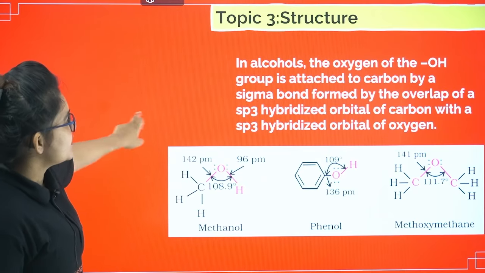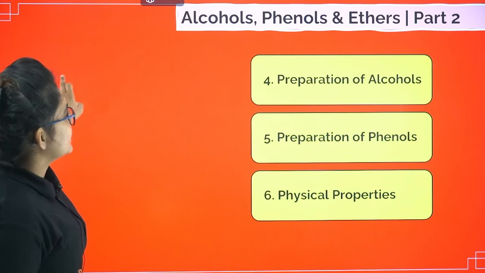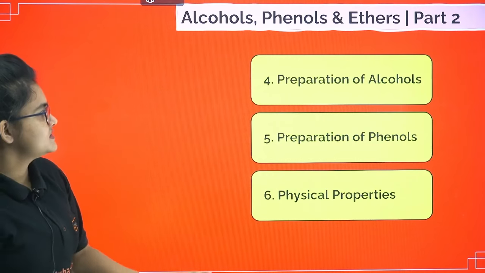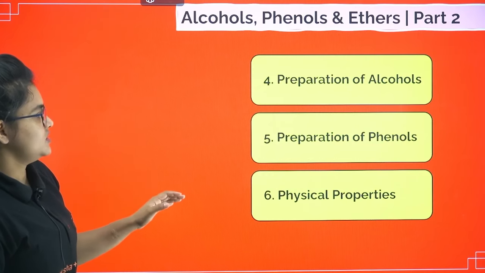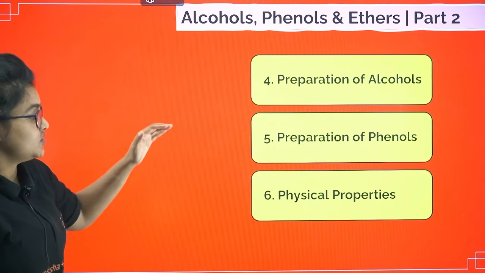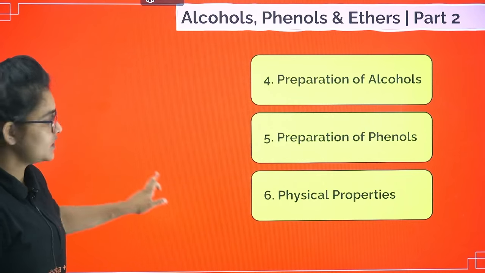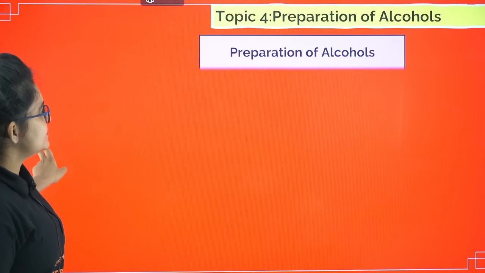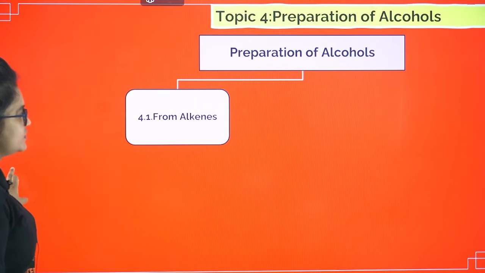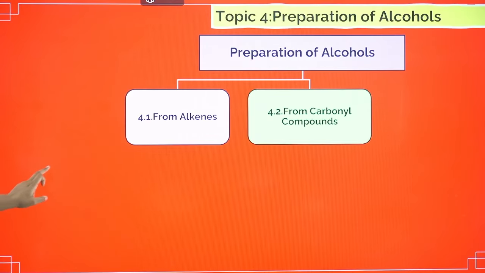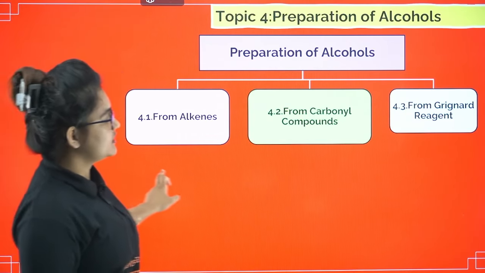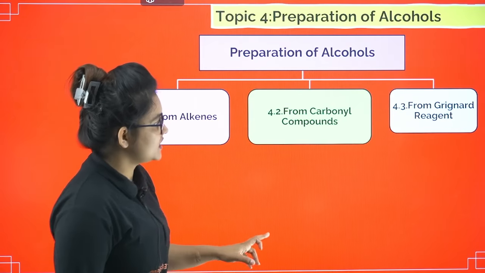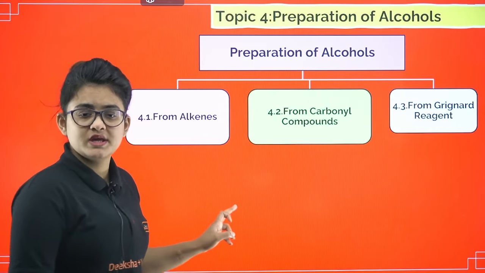Okay, let's proceed further. Here, for alcohols, phenols and ethers, we will proceed with the preparation of alcohols, preparation of phenols and physical properties. One by one we will study. First we will go through the preparation of alcohols. You can see from alkenes we can prepare, from carbonyl compounds we can prepare, and from Grignard reagent also we can prepare.